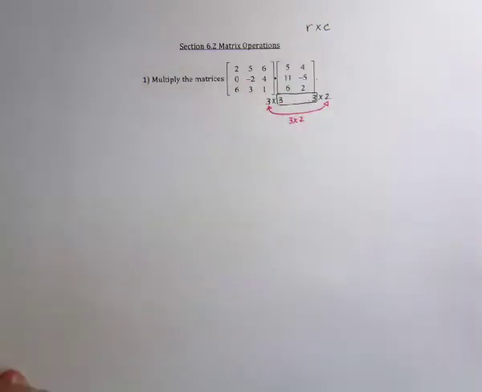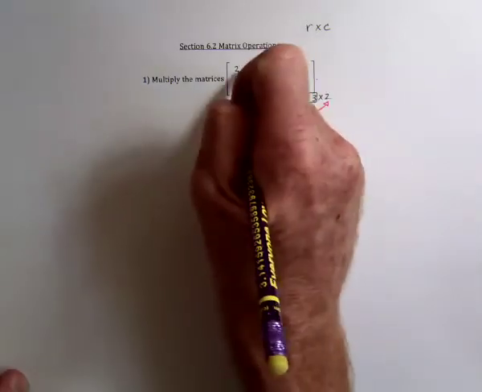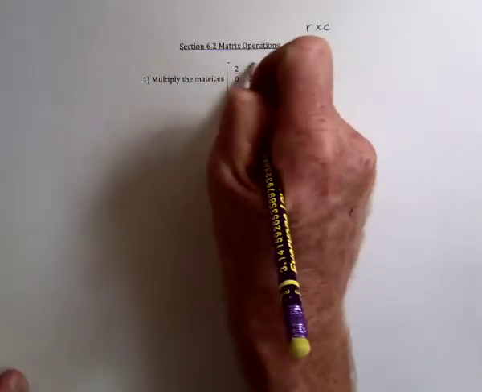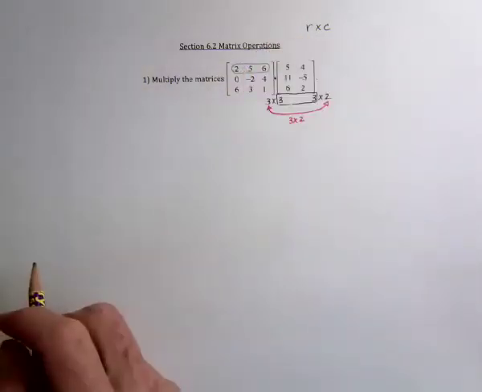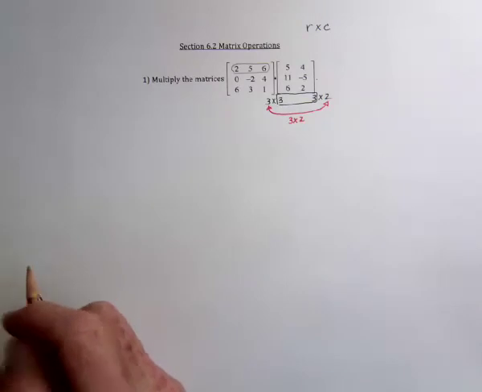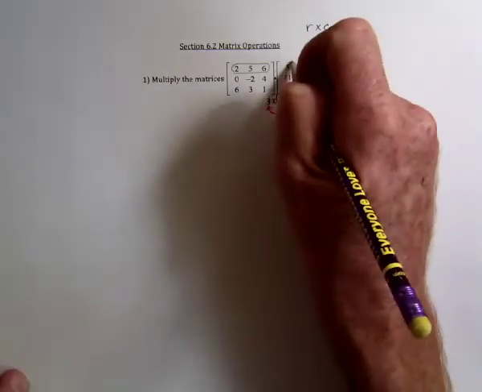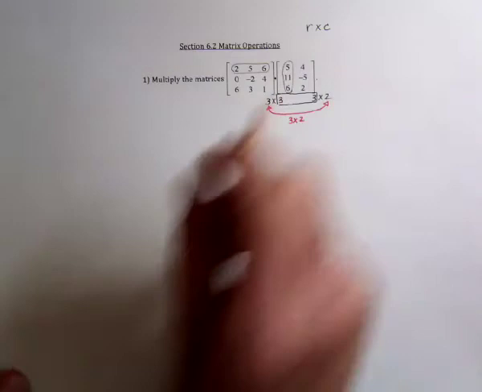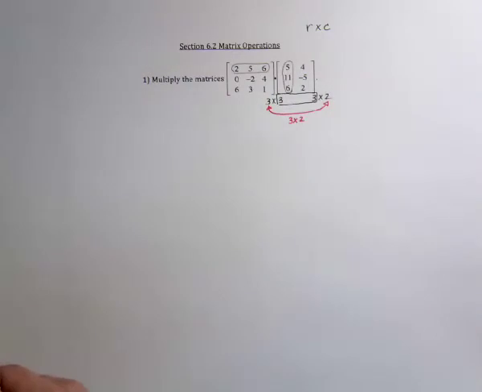Now in order to multiply matrices, you start with the first row and the first column, and we do what in vector calculus is called a dot product.